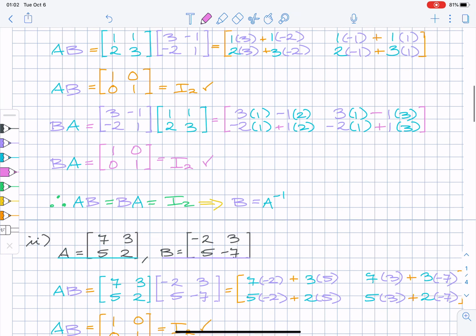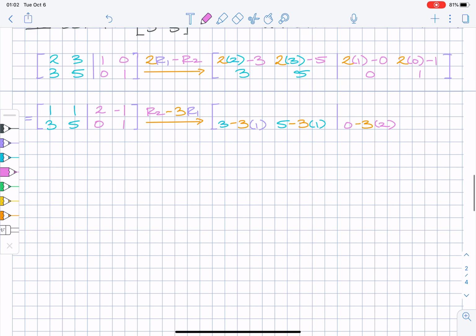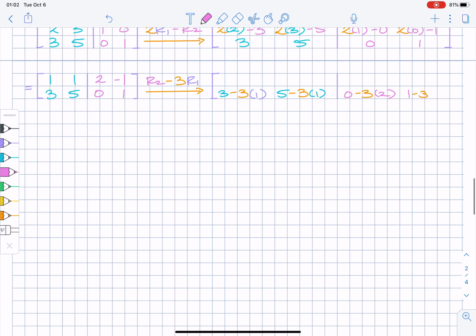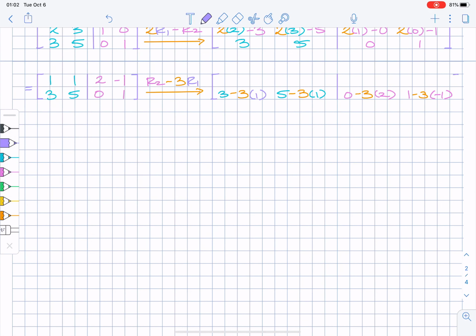Row 2, which is a 3, 5, 0, 1, minus 3 times row 1, which is 1, 1, 2, negative 1. Okay, so row 1 is still 1, 1, 2, negative 1.